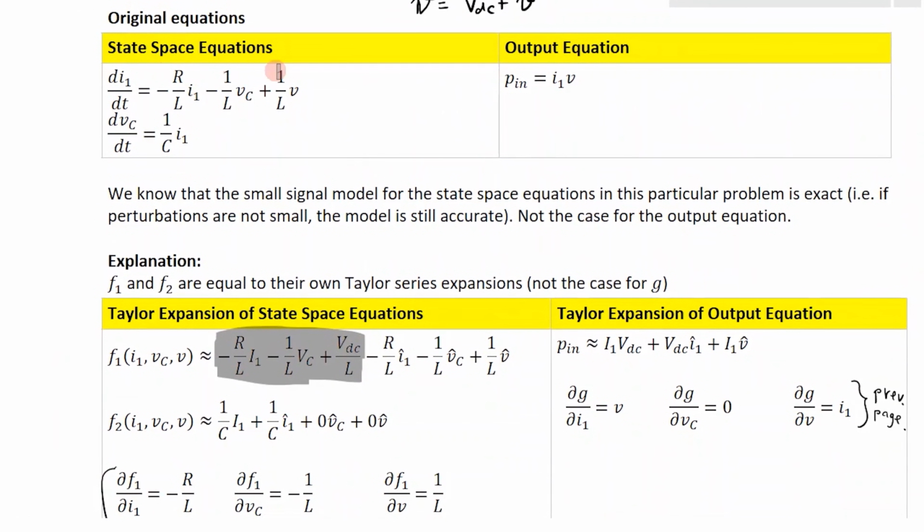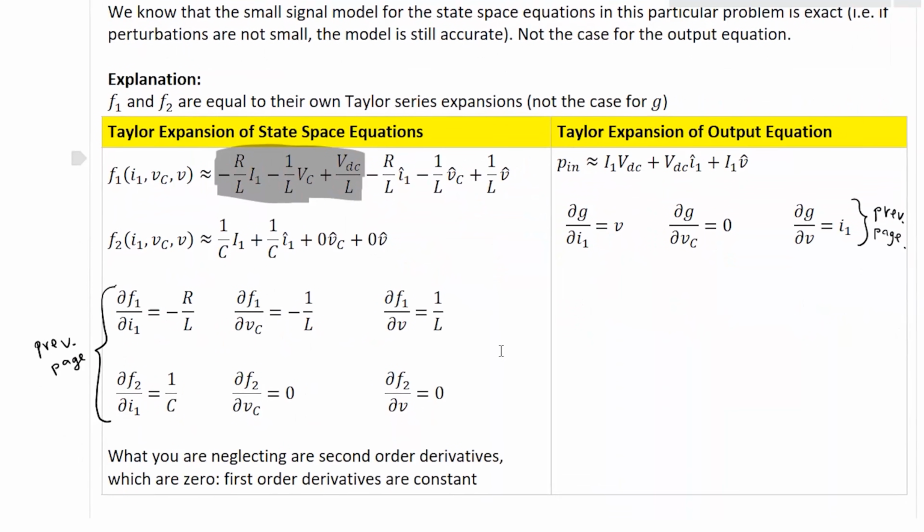Remember, F1 is right here. When I plug in I1 capital, VC capital, and VDC capital, that's what I get here. And then I need to add all those derivatives times their perturbations. So this derivative, and this derivative times I1 hat, VC hat, and V hat.